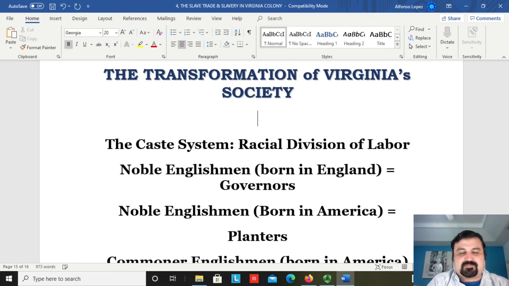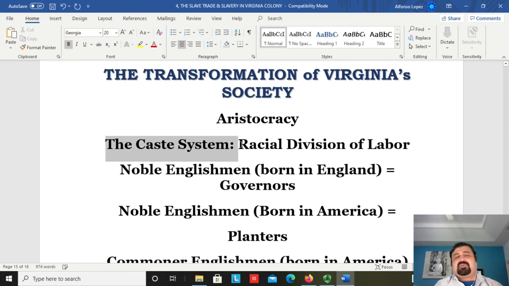So you have what you call an aristocracy, or an aristocratic society. When you have an aristocratic society, very similar to what Europeans had during this time, societies are divided into different groups or groupings.